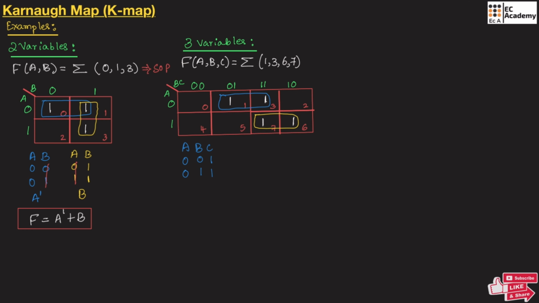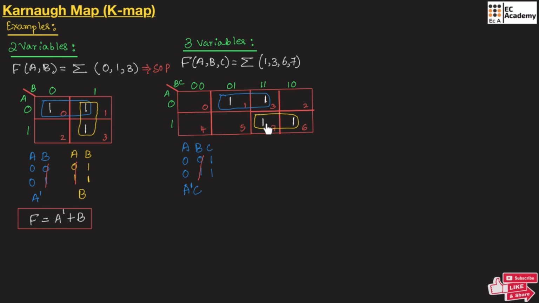Now you cancel out the variable which has different values and keep the variable which has the same values. So you cancel out B and are left with A with 0 and C with 1. Since A is 0, we take the complement of that variable, and since C is 1, we write the variable as it is. So we write A dash C.